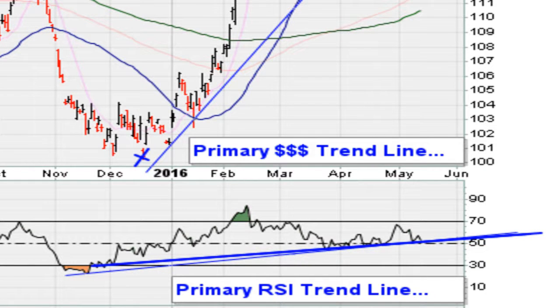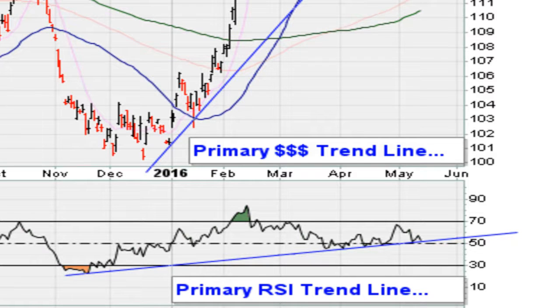The key here, in my opinion, is we have to be very careful if we are long gold, because a break of that trend line, and remember it's a primary trend line because it connects to a primary low, which is this closing low that goes back more than 3 years.